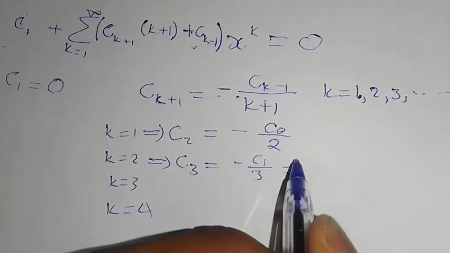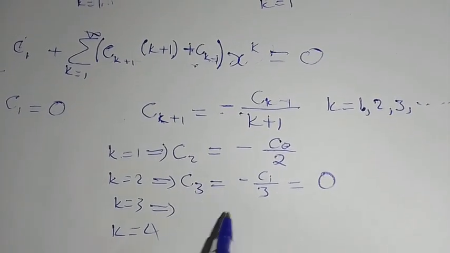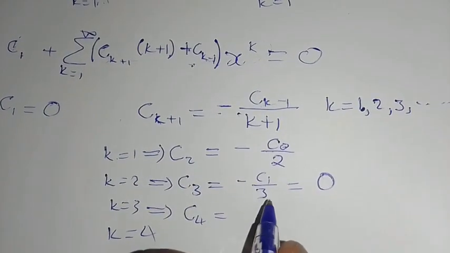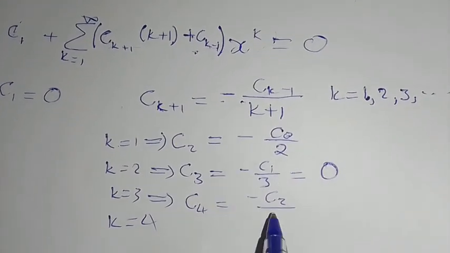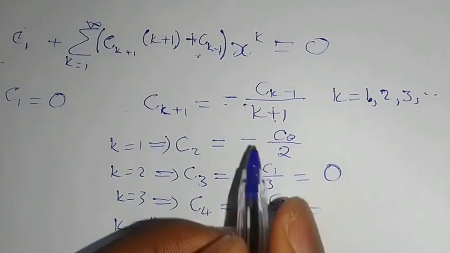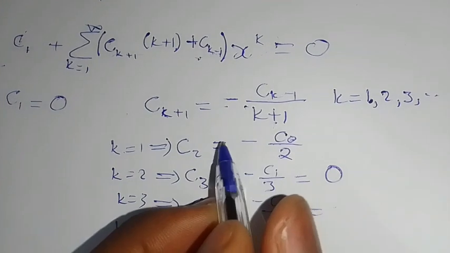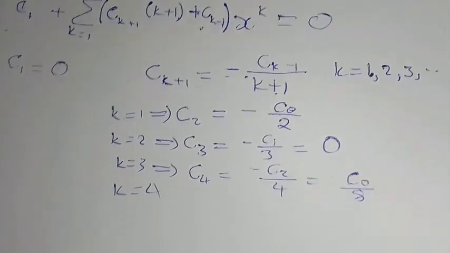Since c1 is 0, this is basically 0. And k equals 3, you get c4, and you plug in k as 3, you get negative c2 over 4, and c2 you already know is negative c naught over 2. Plug c naught over 2 here, remember it comes with a negative, and you have a negative here, and then it will be a positive, then you have c naught over 8.